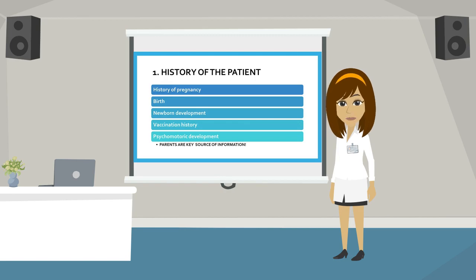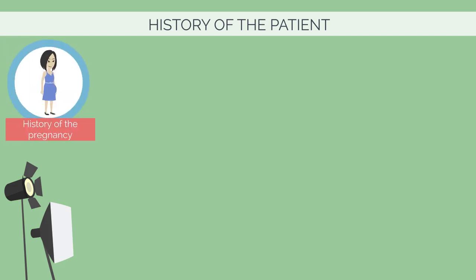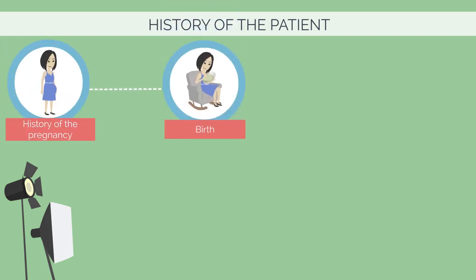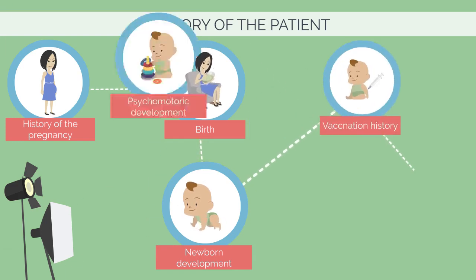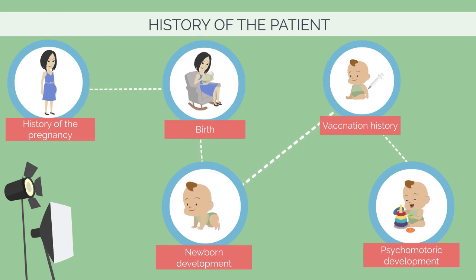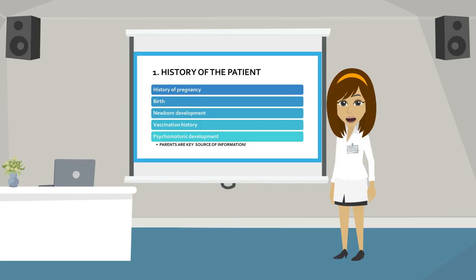However, specifically for this group of patients, it includes the history of the pregnancy, the birth, and the development up to 28 days after birth, the vaccination history, and psychomotor development. Beware that in pediatric patients, parents serve as a valuable source of detailed information and are of tremendous value.